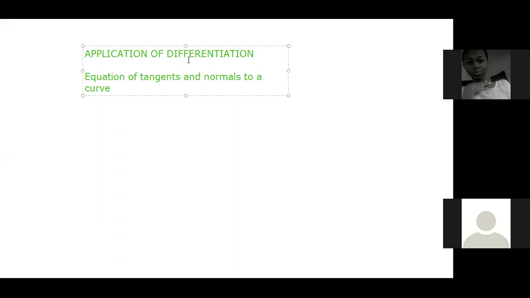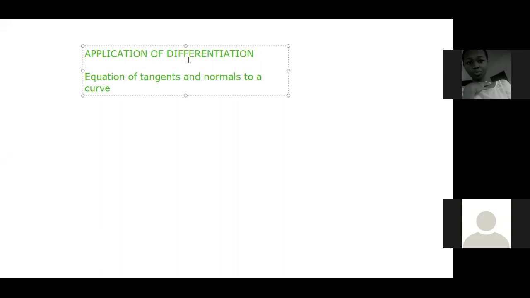Because we are doing differentiation, the gradient will be the derivative of the equation given in the question, times x minus a.